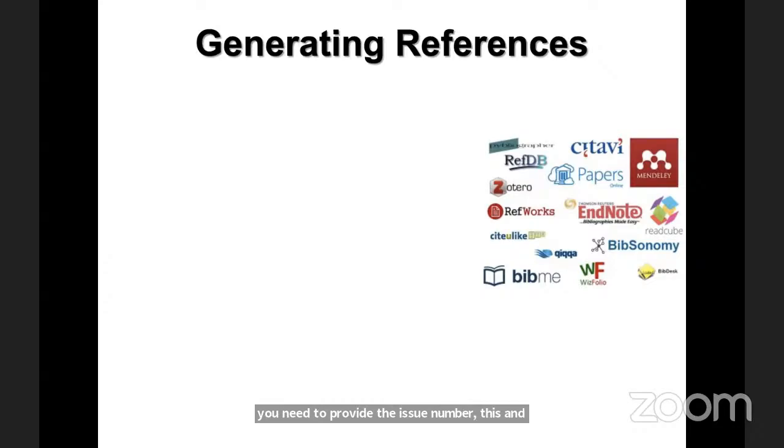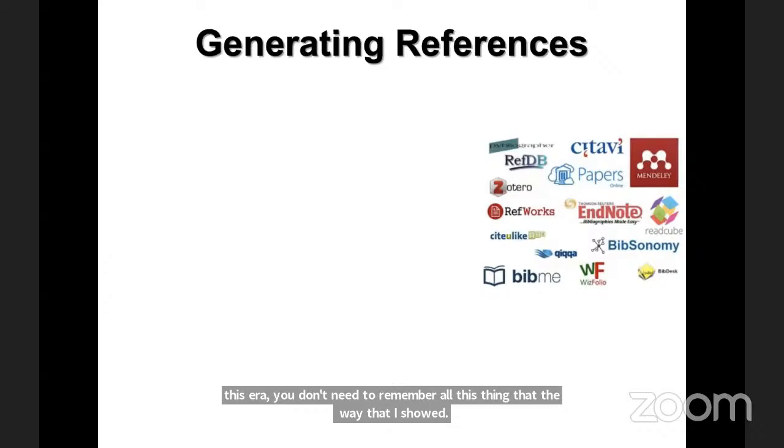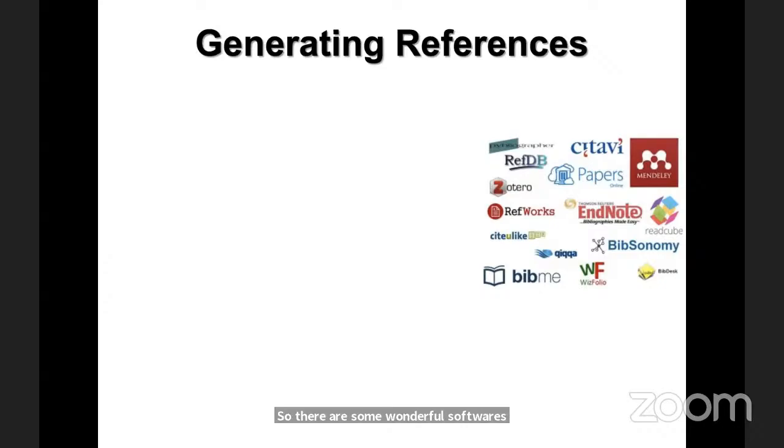It is very hard to remember. But in this era you don't need to remember all these things that I showed. There are some wonderful software, and even in the manual system, I can show you, you can use to generate the references.